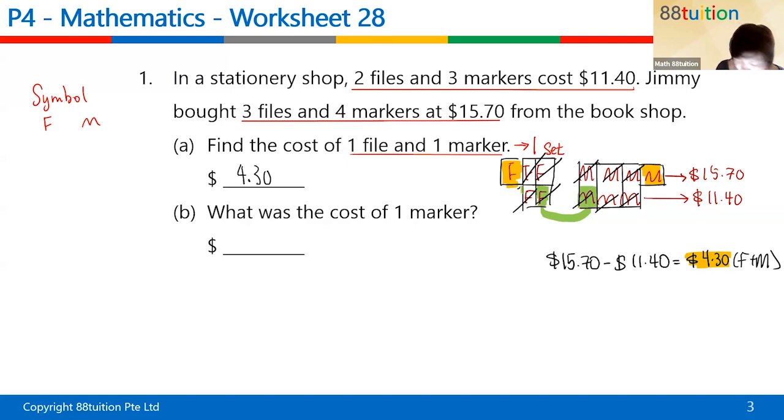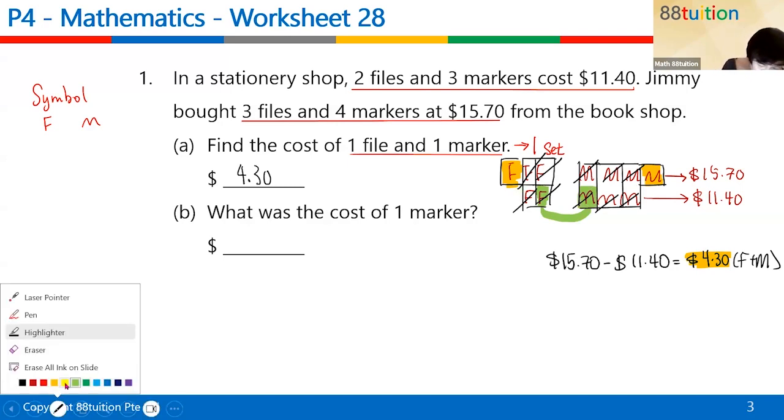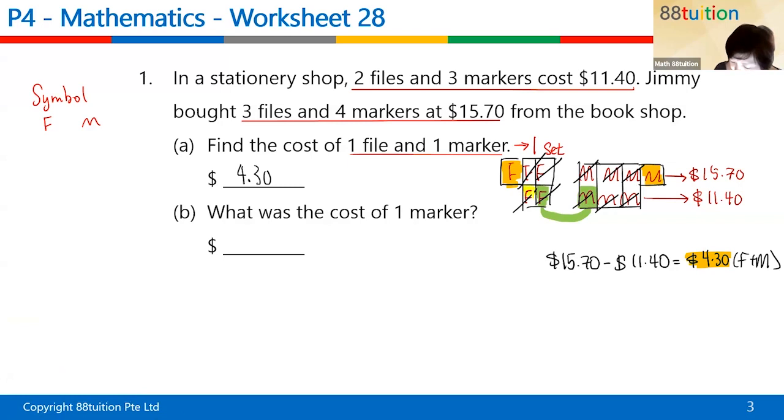Then I have another set here. If I change it to yellow, I have this color with this color. Can I say this is another $4.30? Okay. So therefore, what I left with is, I'm going to write here, $4.30. Yellow, also $4.30.